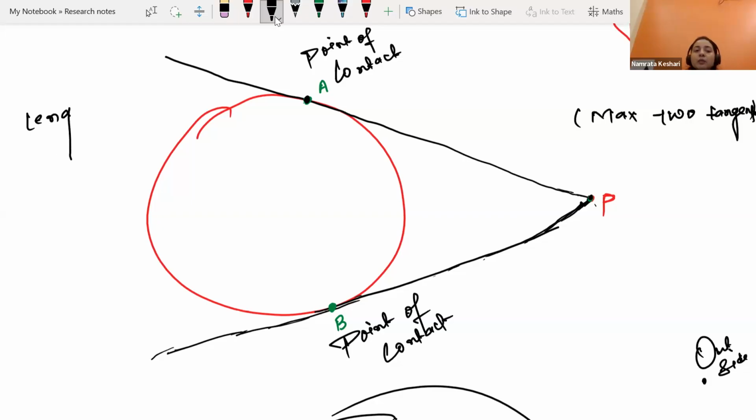Now whenever we'll be talking about length of tangent, we are having two tangents.